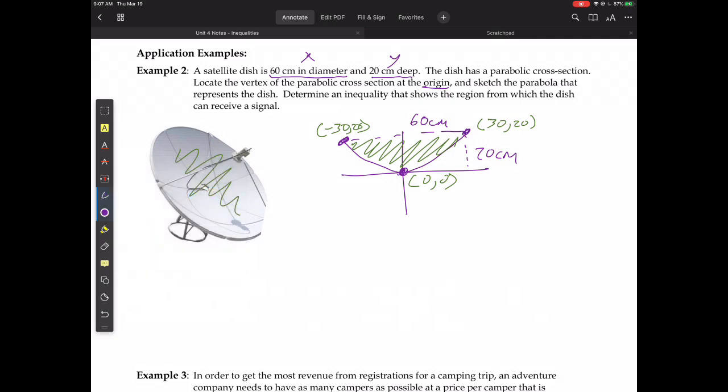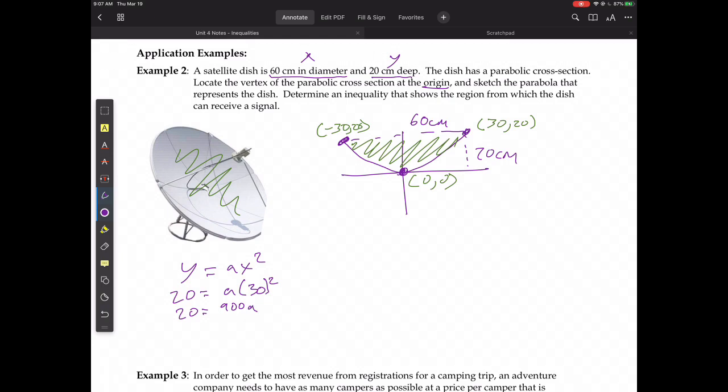So first I've got to figure out what my actual equation for this is. Well, I know that the p value is 0, the q value is 0, so it's going to be y equals ax squared. And then I just need to solve for what the a value is. So if 20 is equal to a times 30 squared, then 20 is going to equal 900a.